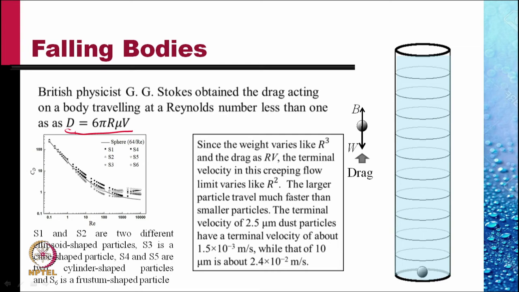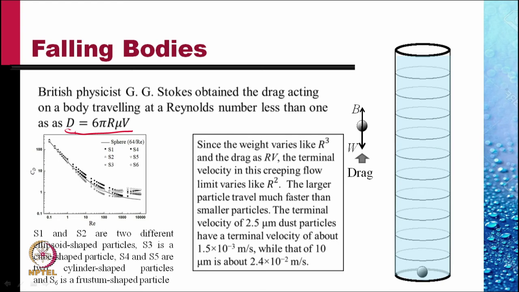The terminal velocity in this creeping flow limit varies like r square. The larger particle travels much faster than smaller particles. If the diameter of the particle is twice that of a smaller particle, then its terminal speed would be 4 times.